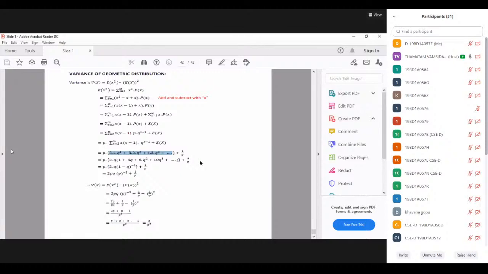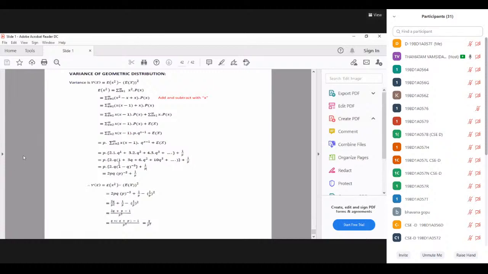Now observe carefully: this expansion can be written as 1 minus q whole power minus 3. Simplifying, you get 2pq into p power minus 3 plus 1 by p.